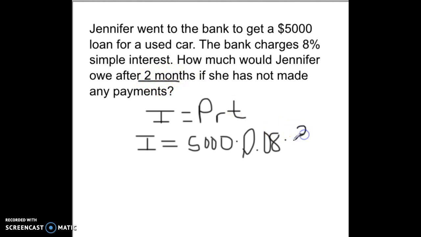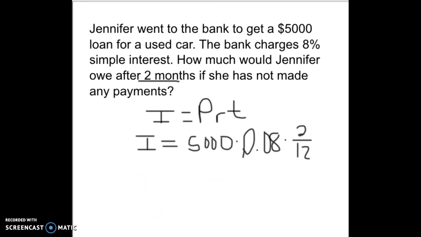Well, how much of a year is it? It's actually 2/12 of a year. So we're going to take 5,000 times 0.08 times 2/12. Now luckily, if you have a calculator that has fractions on it, it's not too hard to do.